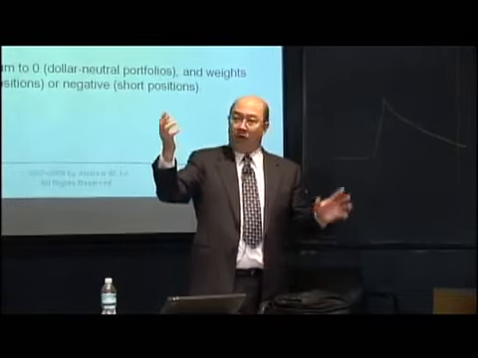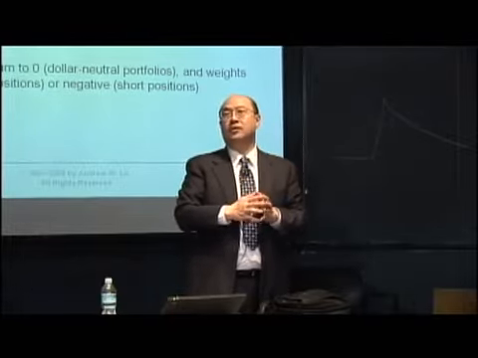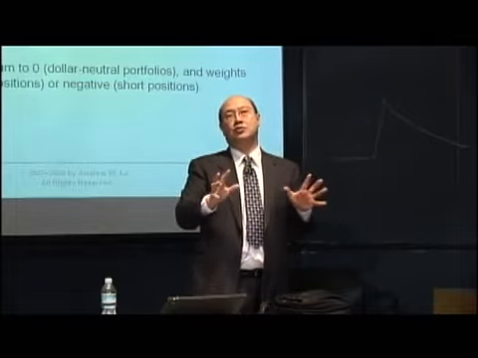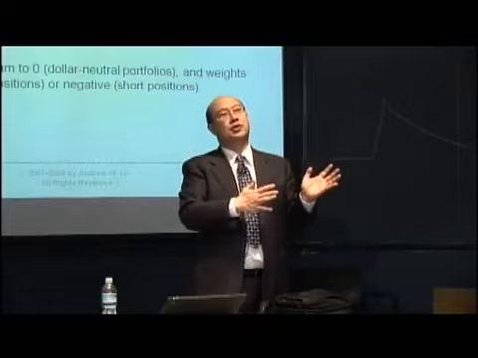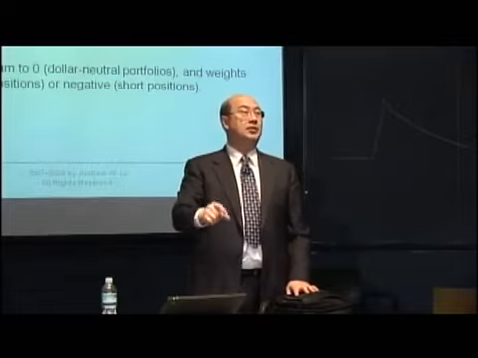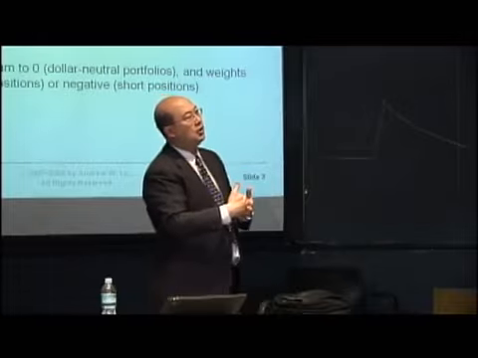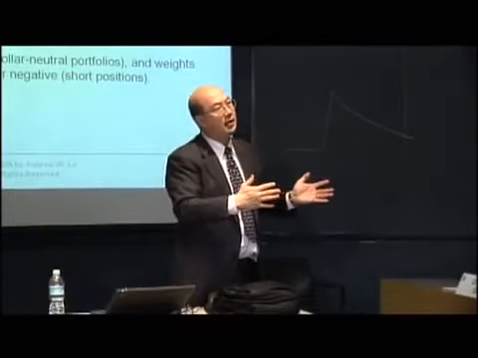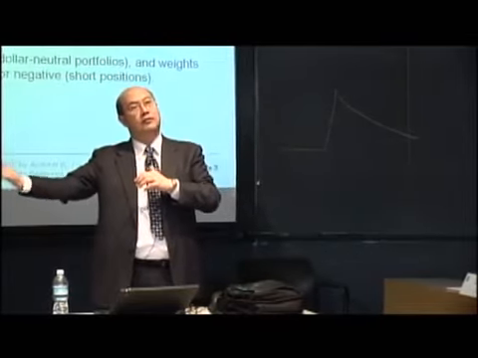And so for reasons that are probably a little bit too far afield to get into here, 130-30 seems to be a bit of a sweet spot for managers out there. So they say, we will limit our short positions to no more than 30% of the capital. So you give us $100 million to manage, we will take no more than $30 million of shorts, and therefore we will take no more than $130 million of longs.